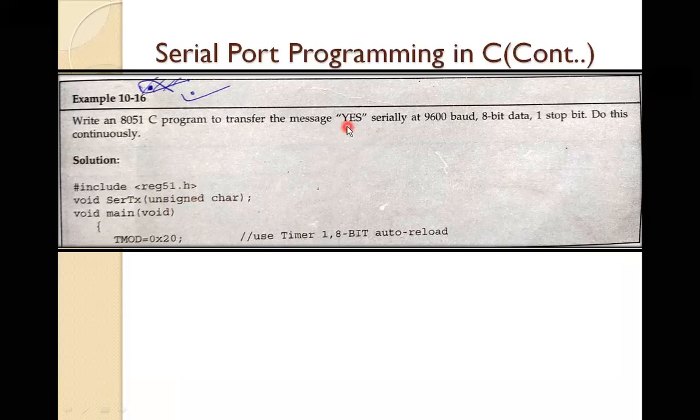Because here our characters are Y, then E, and then S. So in brackets we use unsigned char, and for that we use one variable, that is X. So first X is equal to Y, then X is equal to E, then X is equal to S.